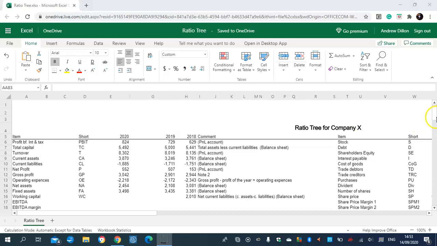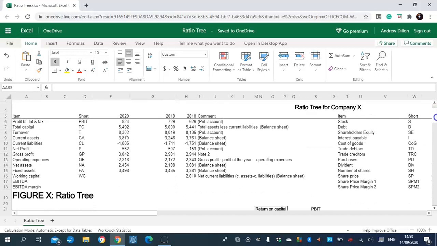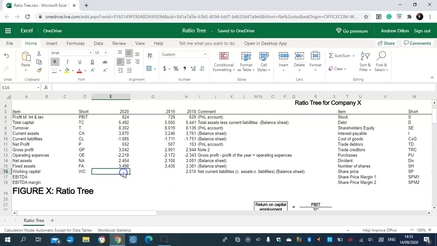So now to start off the spreadsheet, I'm going to go down to the working capital and you see this blank. I have to calculate the working capital for 2020 and 2019. Same with the EBITDA and the margin for 2020 and 2019.